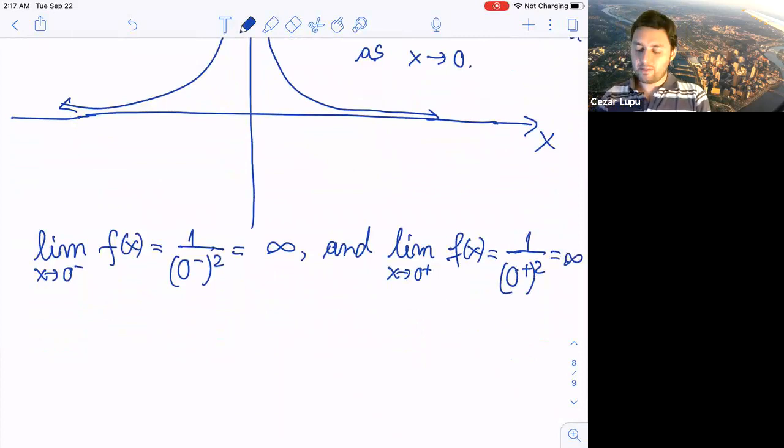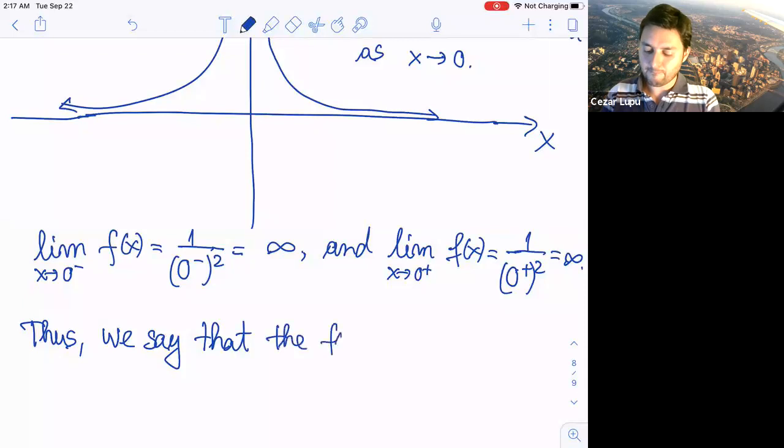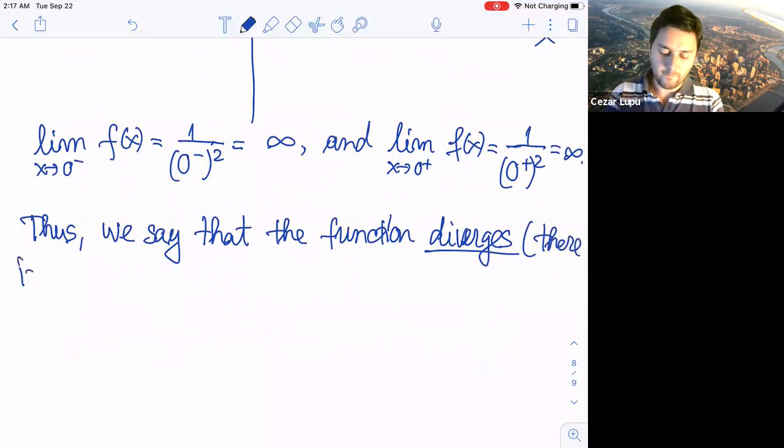So we say that this function diverges. When I say that it diverges, I mean there is no bound.